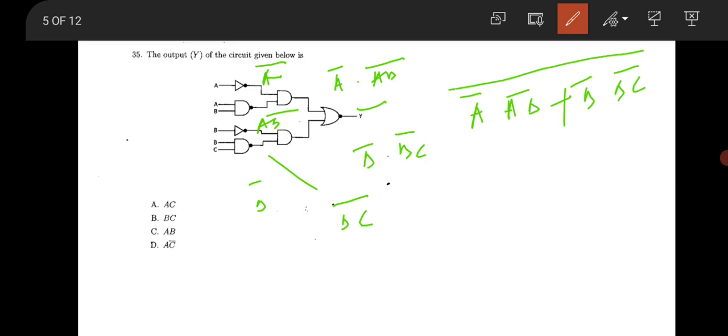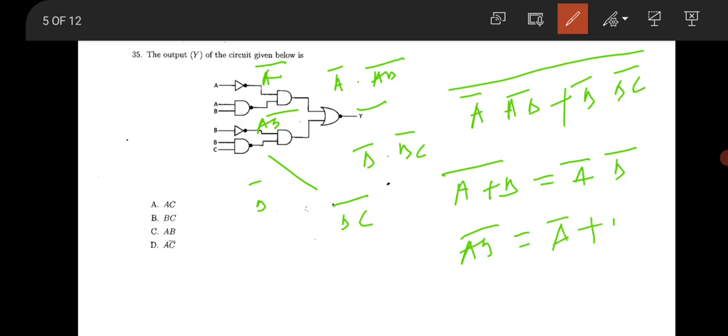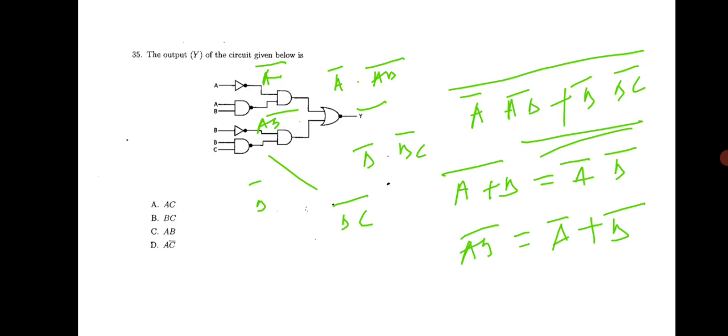Use De Morgan's theorem: A plus B whole bar equals A bar into B bar, and A B whole bar equals A bar plus B bar. So you can simplify this question. This kind of question can be expected, and such a question was asked in 2020 in the BRC examination. This is not exactly the question taken, but this kind of question was asked in BRC.